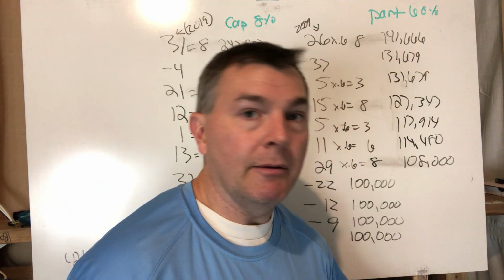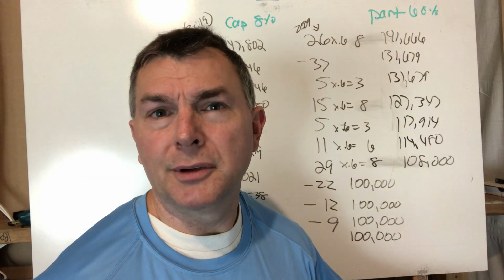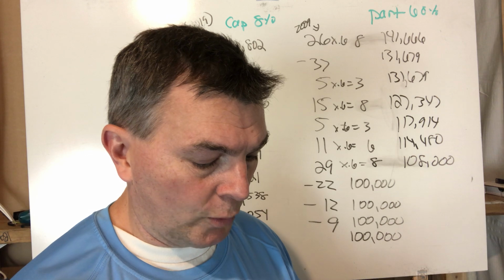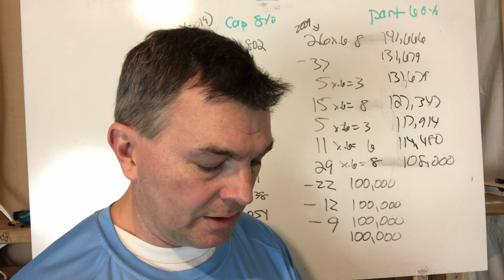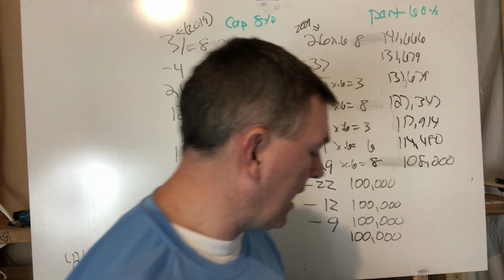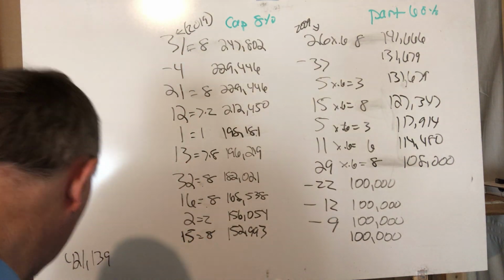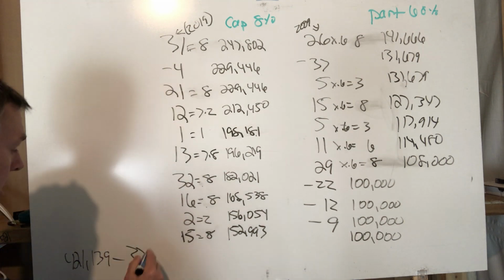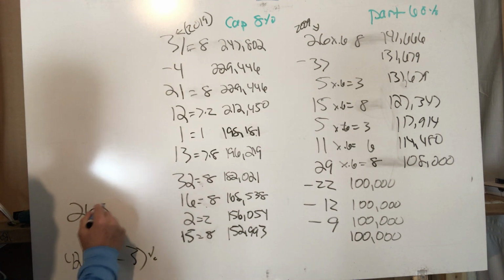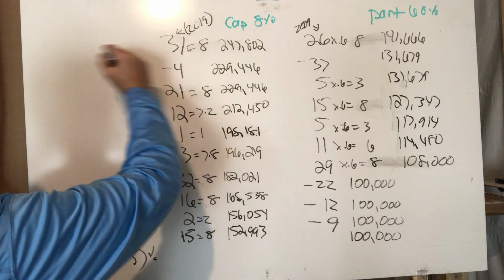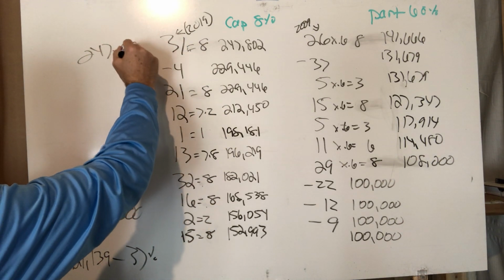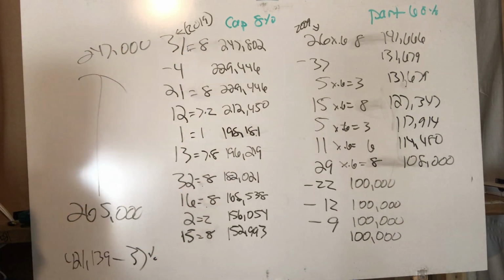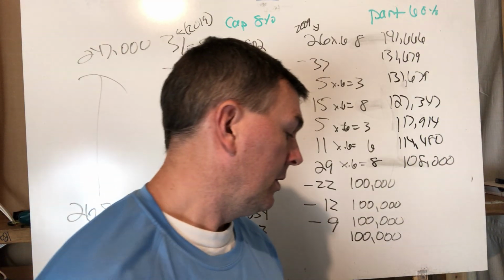So now let's say we have a bad year again, another 37% decline. 421 minus 37%, we're going to be down to 265. That will still be above 247. So even here, we're still $18,000 more.